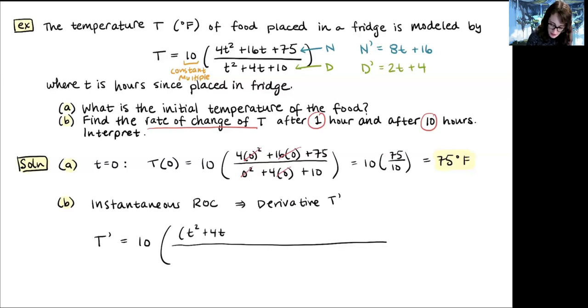Now look back in your notes at the quotient rule formula as we're putting this in. So it's the bottom times the derivative of the top, D times n prime. Then it's minus the top times the derivative of the bottom.